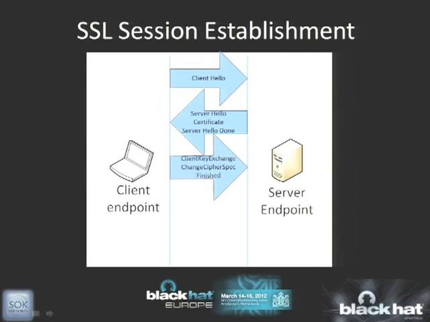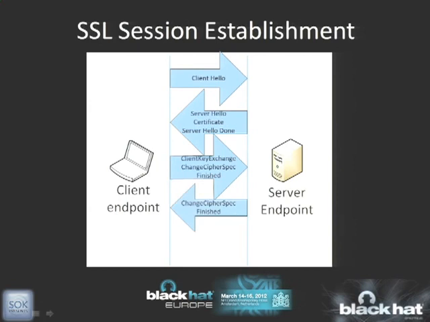The client then sends a client key exchange message that gives its public key, depending on what cipher suite was chosen. And then it sends a change cipher spec message, which basically says, OK, I'm ready to go. You have my key. We've agreed on a cipher suite. And then the finished message just saying, I'm complete.